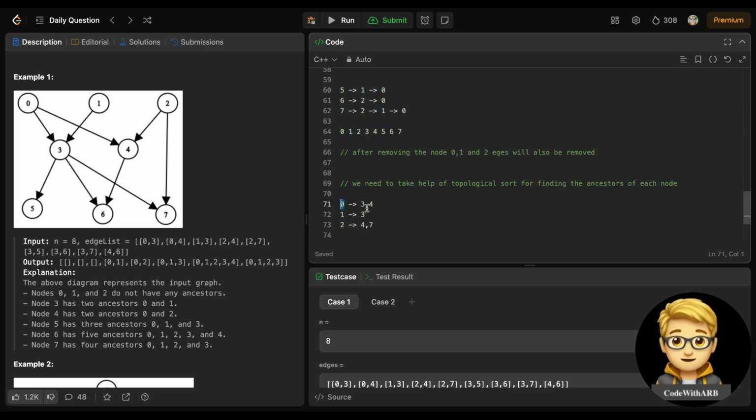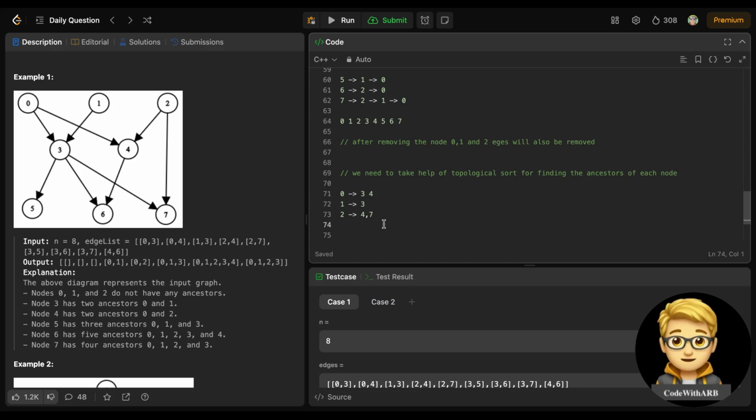It means if I have already included this 3 in the 0th part, I can check whether this 0 already has parents or not. So it doesn't have any parents still, till that point it doesn't have any parent, right?